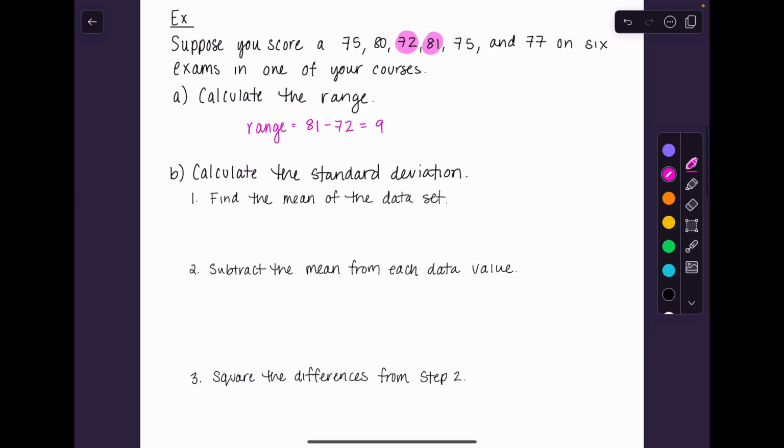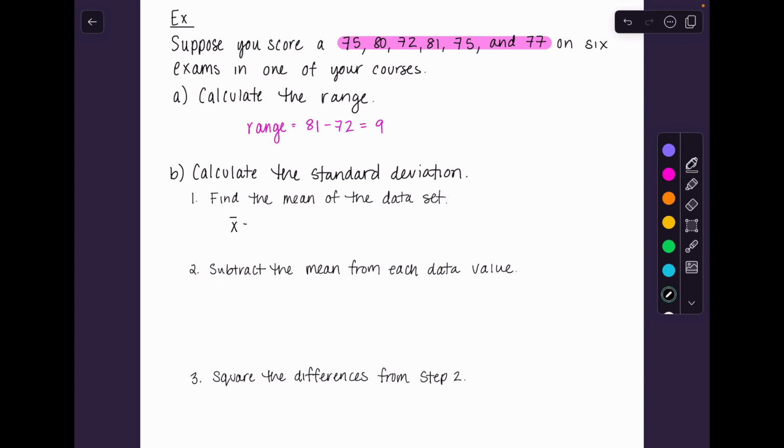Now we want to calculate the standard deviation. So again, I'm going to follow this step by step. Very first thing I need to do is find the mean of this data set. So I've got 6 tests. I want to add these 6 tests together, and then divide by how many tests there are, which is 6.